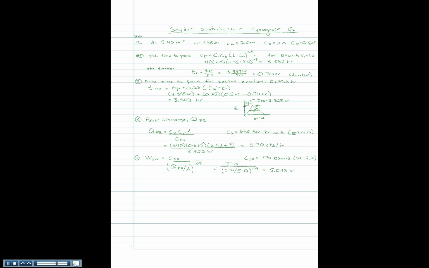We also need to calculate W75. It's also going to be used to calculate the total width of the storm. So W75 is C75 divided by QPR divided by area to the 1.08 power.